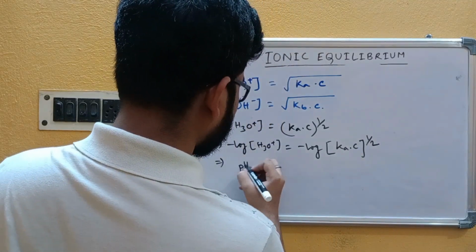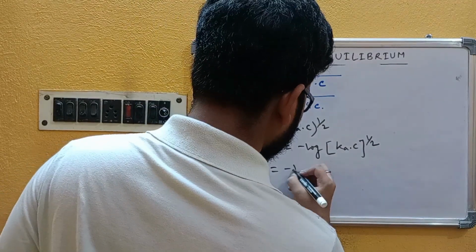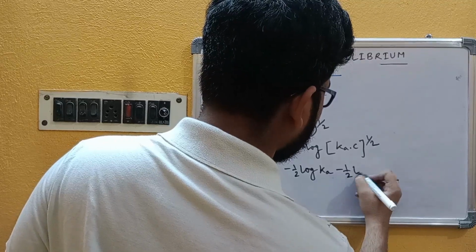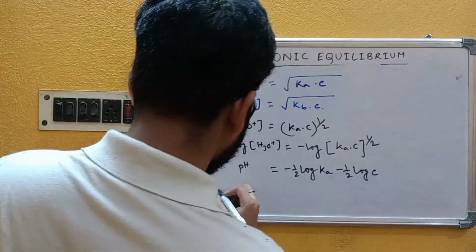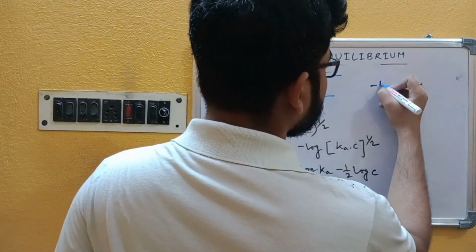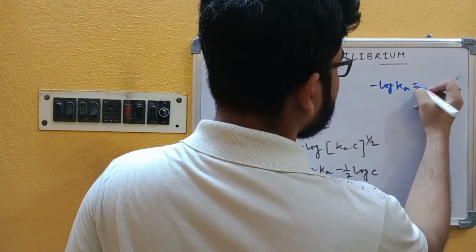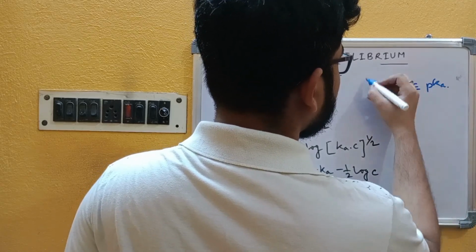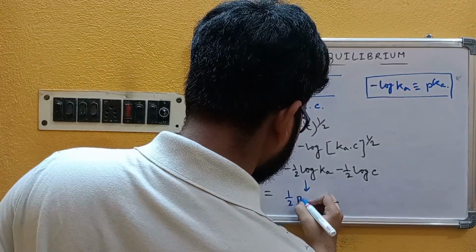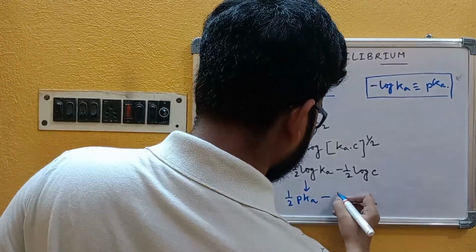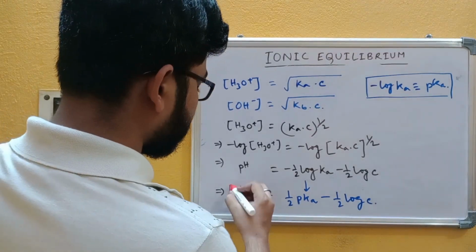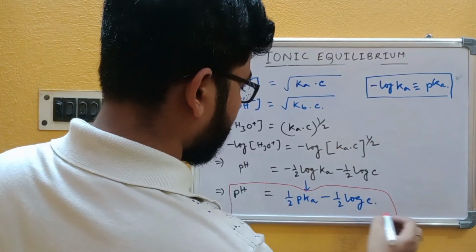So it will be pH equals minus half log Ka minus half log C. So minus log Ka is termed as pKa. So pH is half pKa minus half log C.